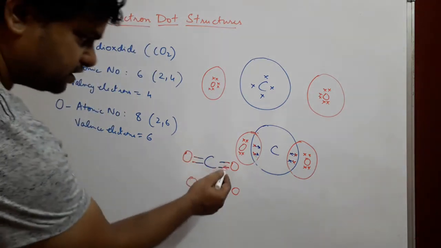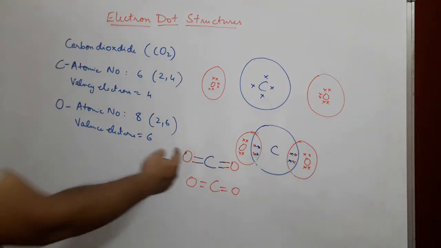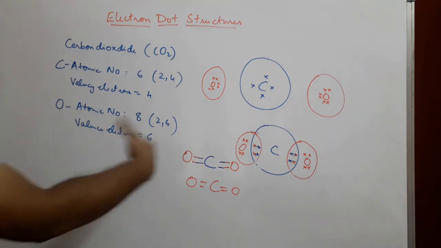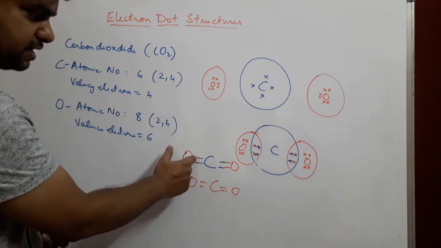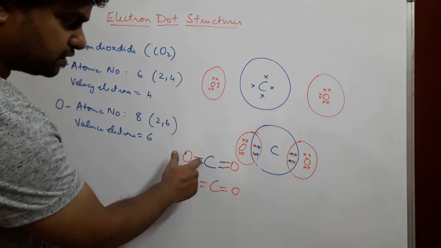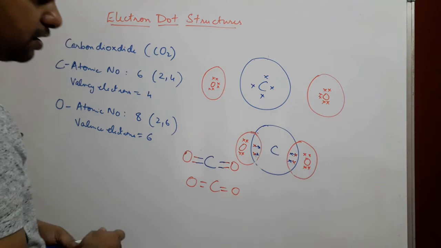And here I've changed the colors to show you from where the electrons are coming, means who is the donor of those electrons, or who is sharing the electrons. The red symbolizes the electrons coming from oxygen, and the blue line symbolizes the electrons coming from carbon.